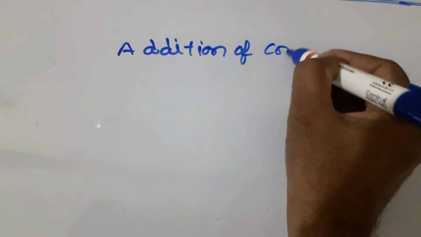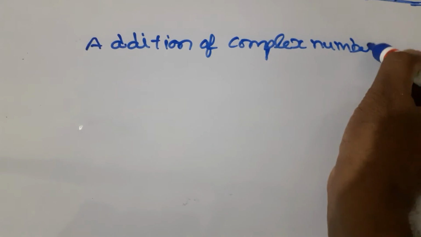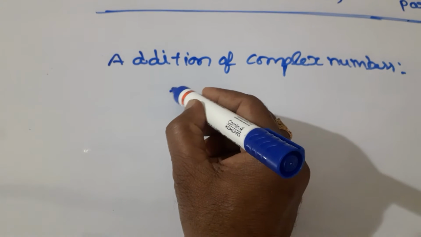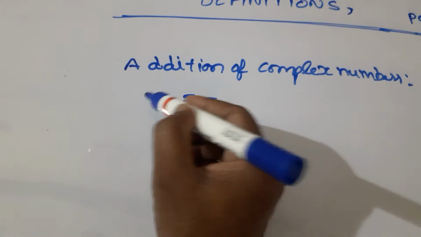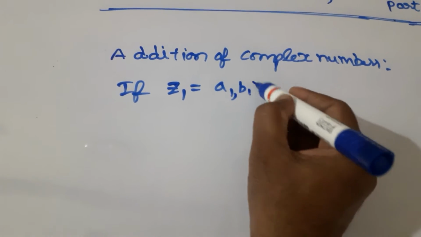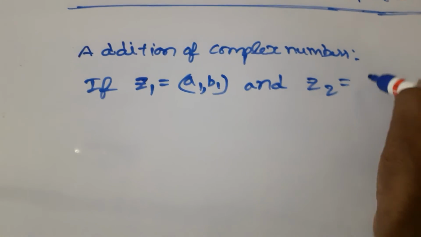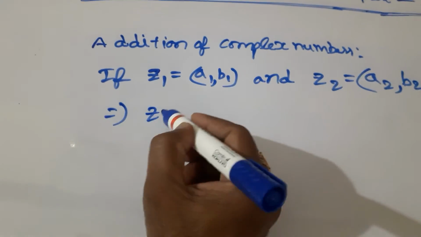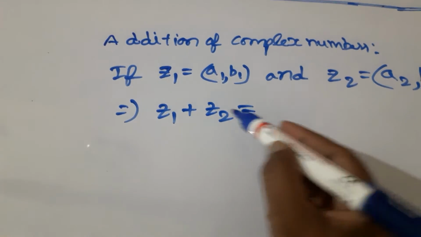If z1 equals a1 comma b1 and z2 equals a2 comma b2, implies z1 plus z2 equals this.